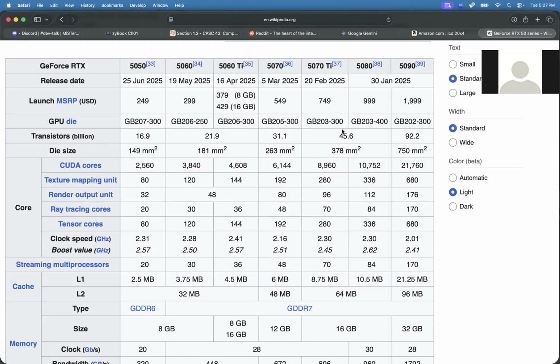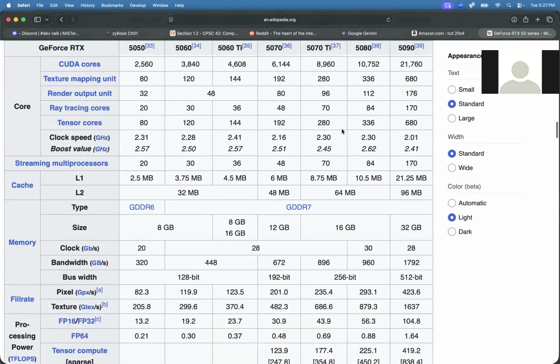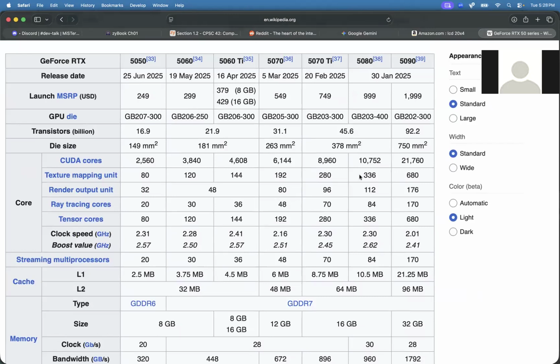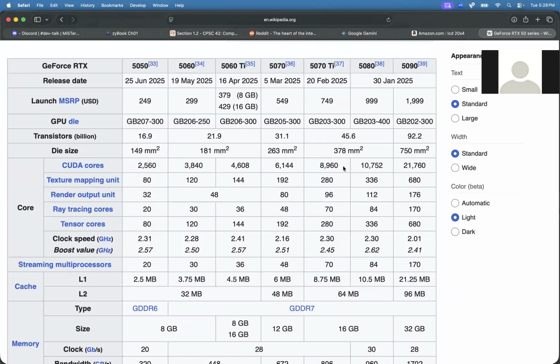Basically they've made this out of a certain number of units that are repeated to make up the entire chip. And if some of them are broken, they can disable them. The one with the disabled parts becomes the cheaper GPU, and the one without the disabled parts becomes the more expensive GPU. And so you'll see that here for these two, the 5070 Ti and the 5080.